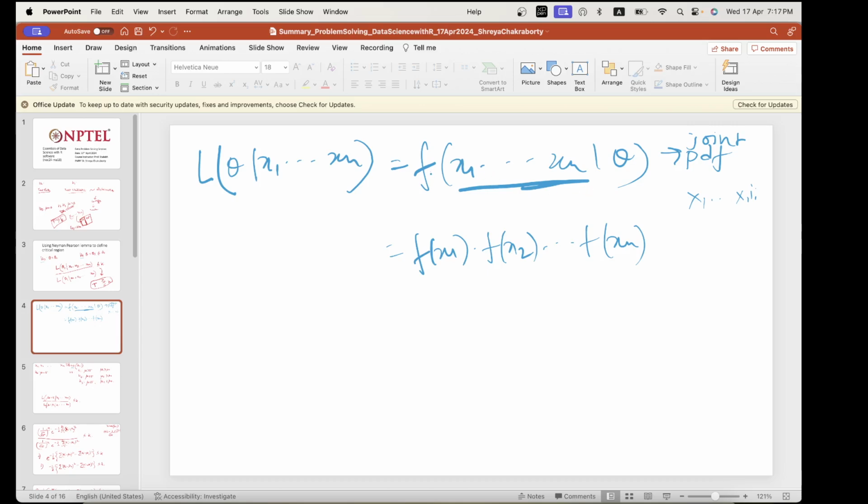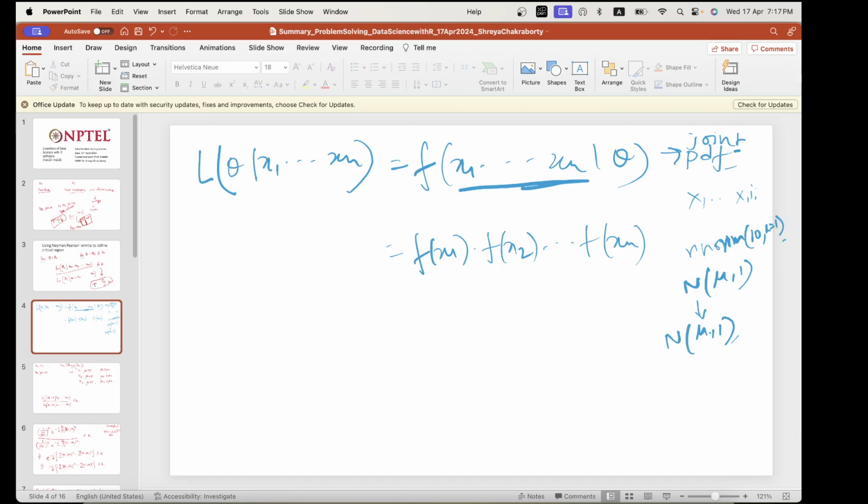Whenever you are defining a joint PDF, let's say you are sampling from a normal mu 1 distribution. If I tell you to draw actual samples, I have to tell you the value of mu, right? Let's say mu equal to 5.